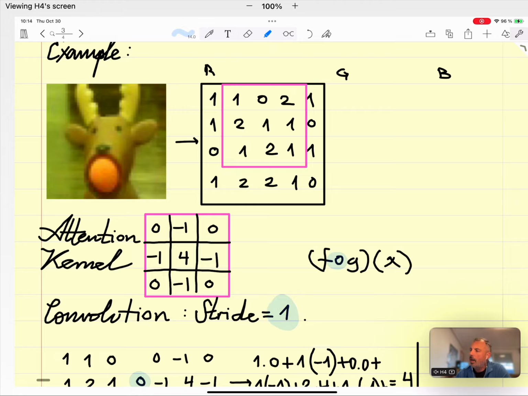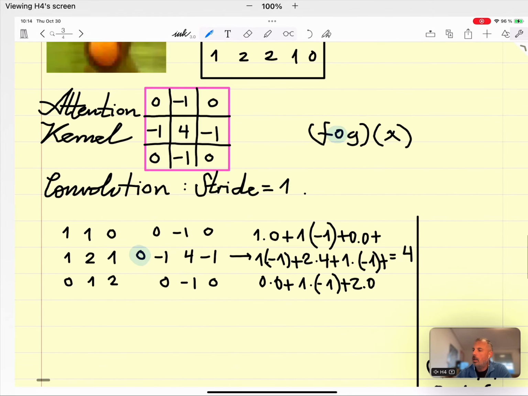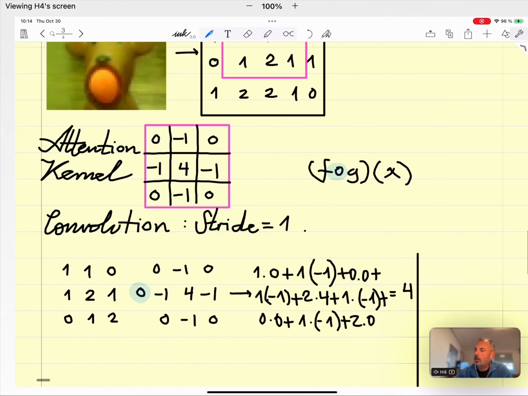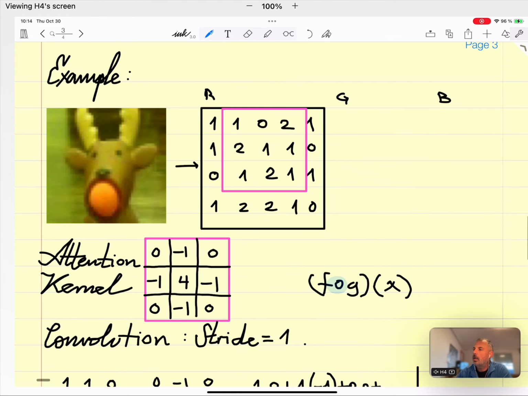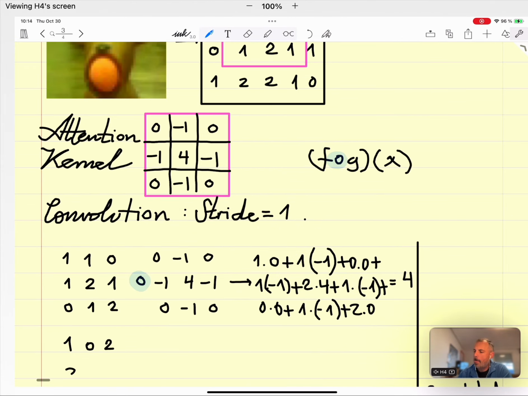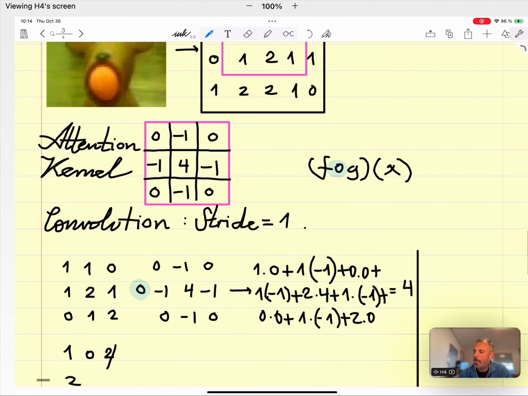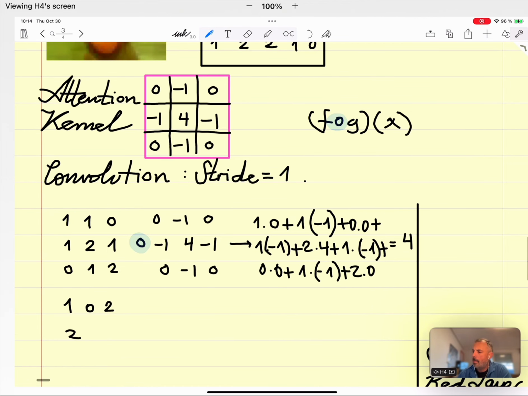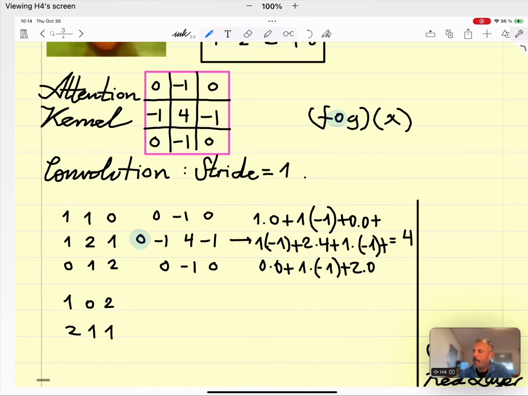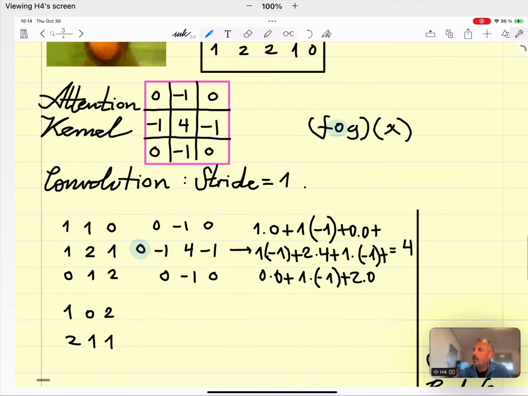If we had stride 2, we would move the window 2 pixels. So we move the window, and now we have 102, 211, 121.